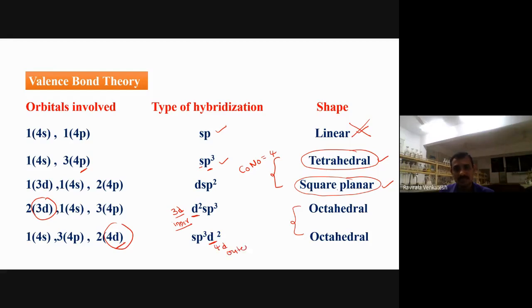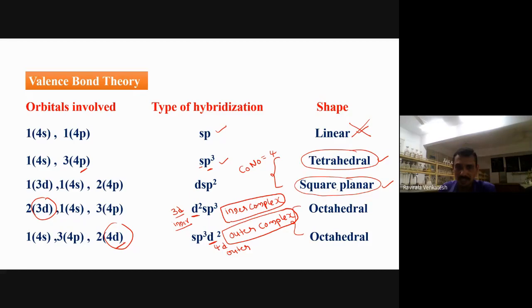So we can simply say whenever we get d2sp3 hybridization, that complex compound is an inner complex compound. Most inner complex compounds are diamagnetic in nature. If we get sp3d2 hybridization, they are called outer complex compounds. In most cases, outer complex compounds are paramagnetic in nature.